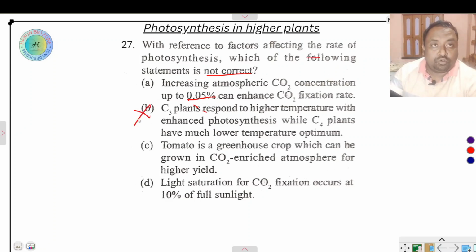C4 plants show more photosynthesis than C3 plants at high temperature condition. Tomato is a greenhouse crop which can be grown in CO2 enriched atmosphere for higher yield. Right option. Light saturation of CO2 fixation at 10% of full sunlight. So all are right, but B is the incorrect option.